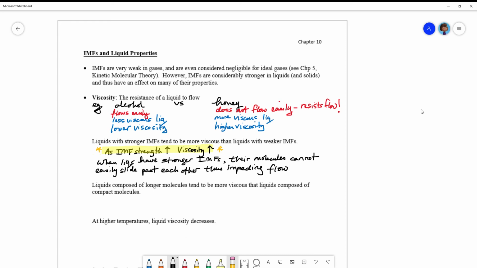So I'm going to say that longer molecules are more likely to get entangled, and of course this impedes flow.